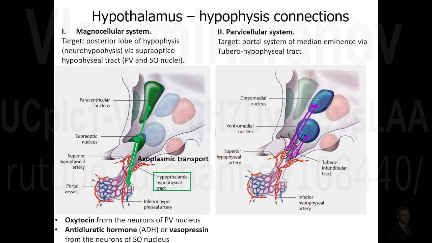The secreted hypothalamic hormones are of two types: releasing factors which stimulate hormone release from cells of the anterior pituitary lobe, and release inhibiting factors which inhibit release from these cells.